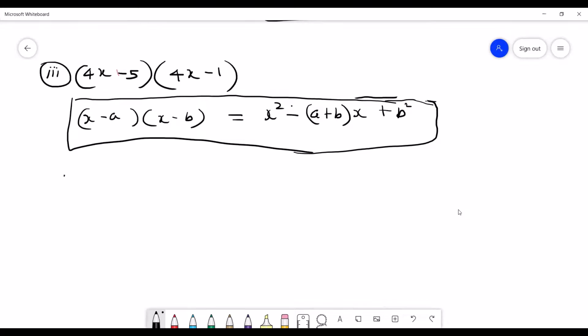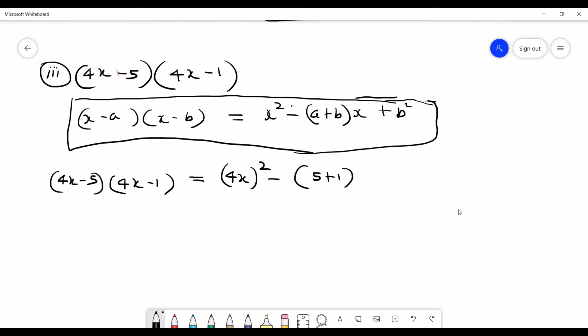So we can write it as 4x minus 5 into 4x minus 1 is equal to 4x whole square minus of 5 plus 1 into 4x plus, here it is not b square, again I wrote it as b square by mistake, it is ab.